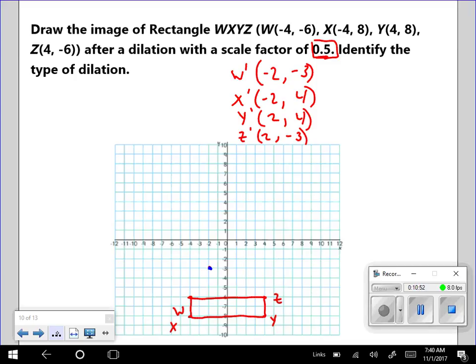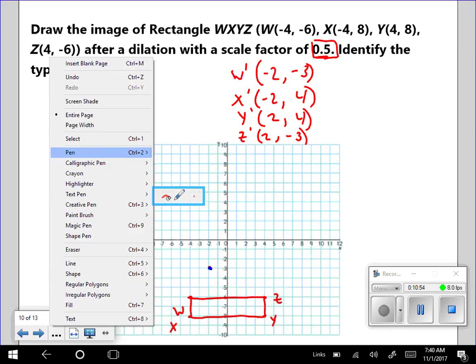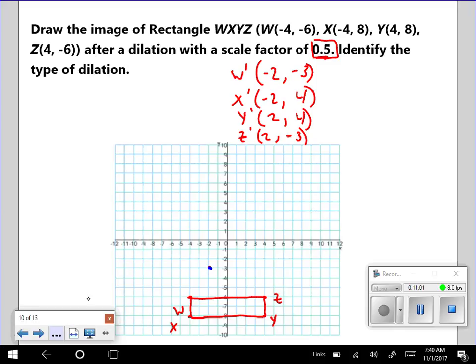Apparently I'm really struggling to graph or read these points because I graphed this graph wrong again. Oops. Alright, gotta erase all of this.